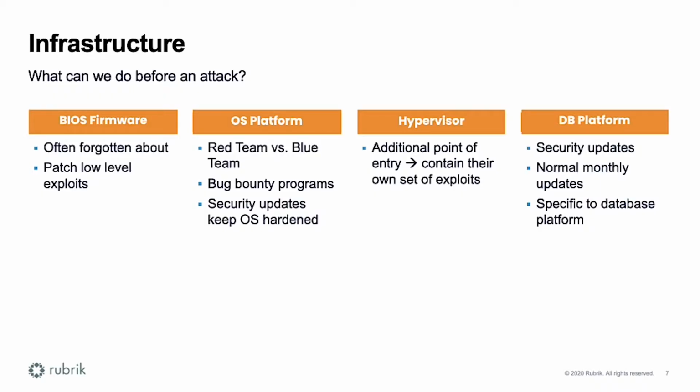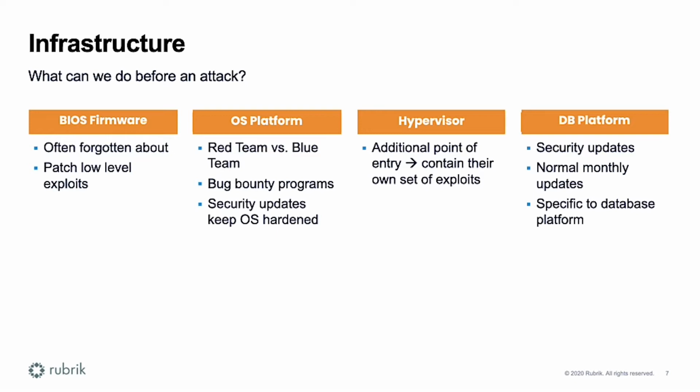Sure. So let's start off with infrastructure. This is going to be the foundation of everything that database administrators or application users are going to use. Everything sits here first. It sits on the hardware. So BIOS firmware is a lot of times often forgotten about because there's no nice little notification from the operating system or anything that tells you, hey, we have a new patch for your BIOS or your firmware for your hardware.